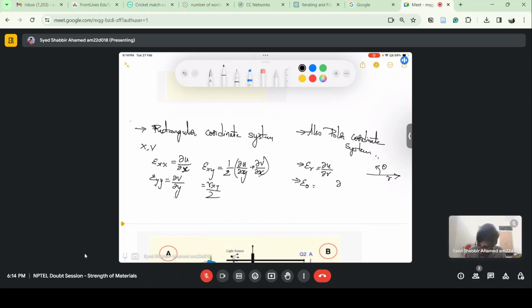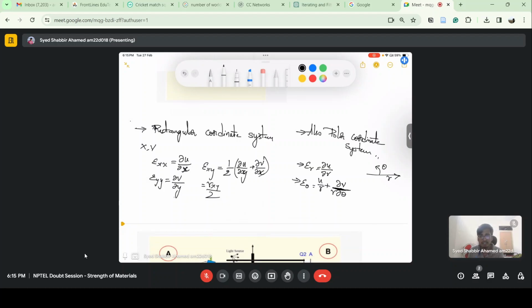If the displacement in the circumferential direction is v, then it is dou v by dou theta, but because this is measuring a normal strain, not the shear strain, we have an extra term, plus u by r. So we have this slight extra term.